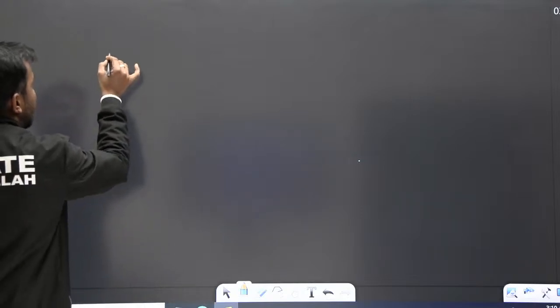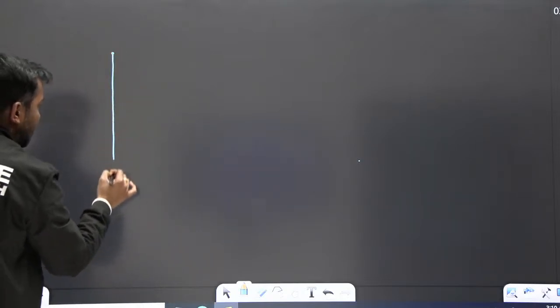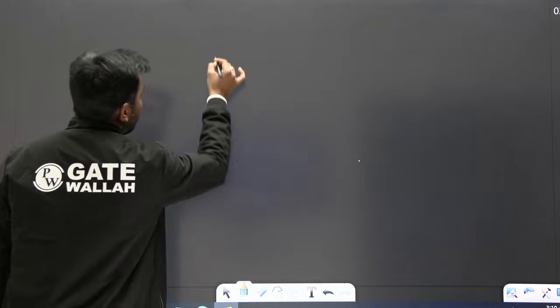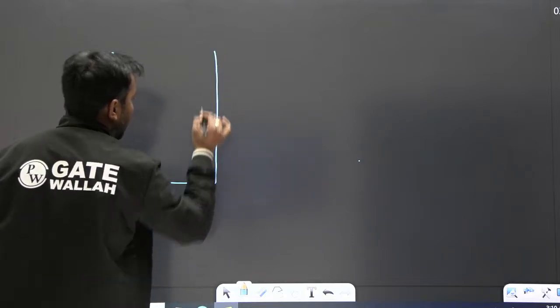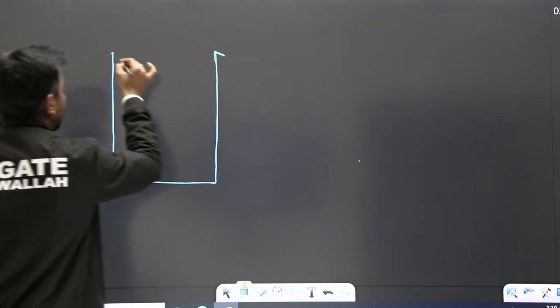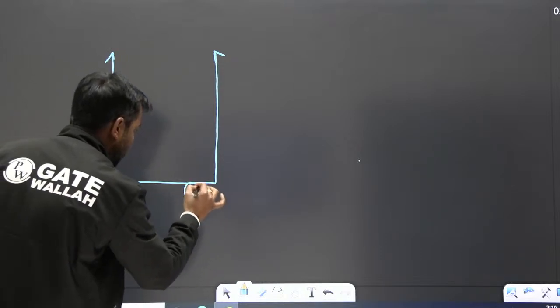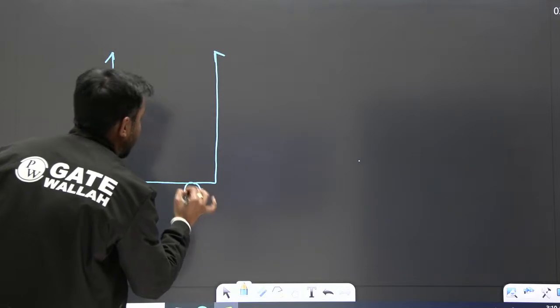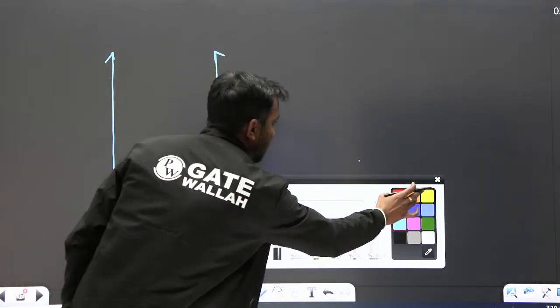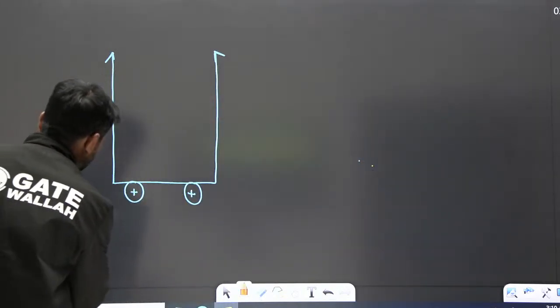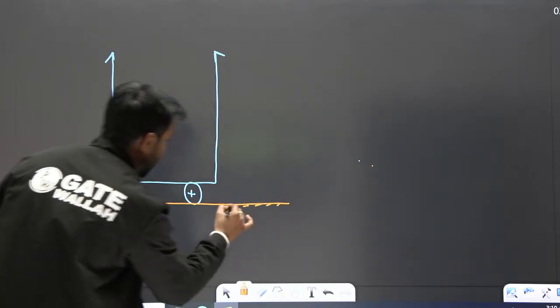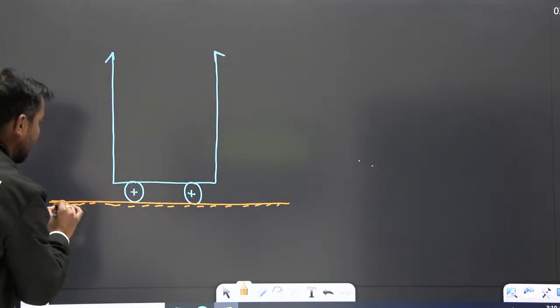So in this question they are saying that there is a trolley or you can say a tank which is moving on a horizontal track. So let me take this as a trolley, which is moving on a horizontal track. Clear?